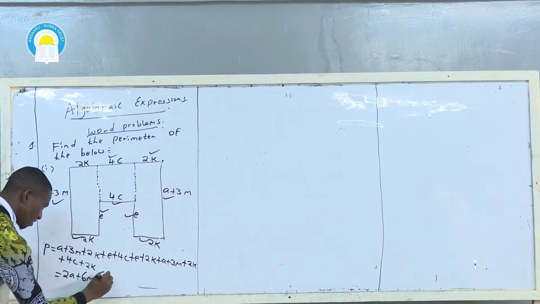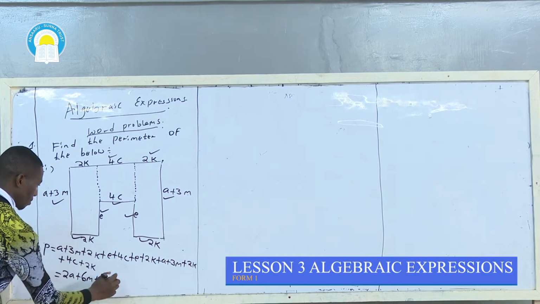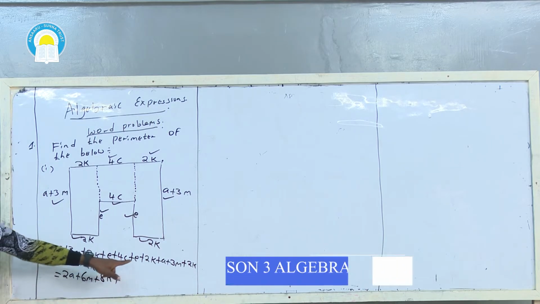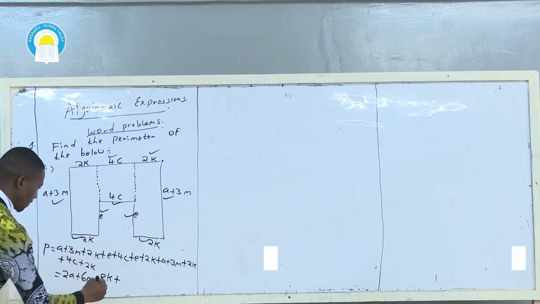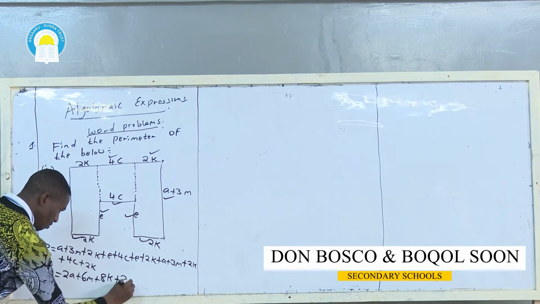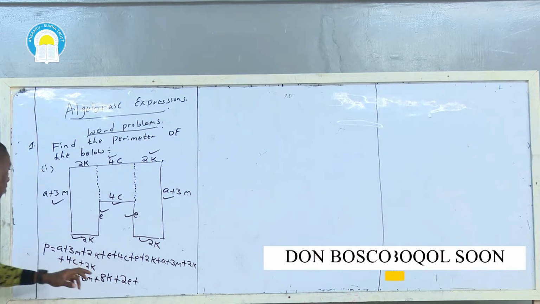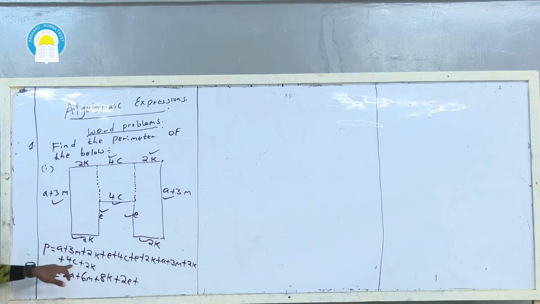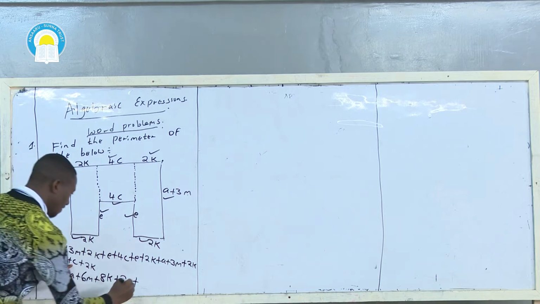So plus 8K. Plus, how many E's am I having? E plus E, that is 2 E's. Plus, how many C's am I having? 4C, plus again 4C, that is 8C.